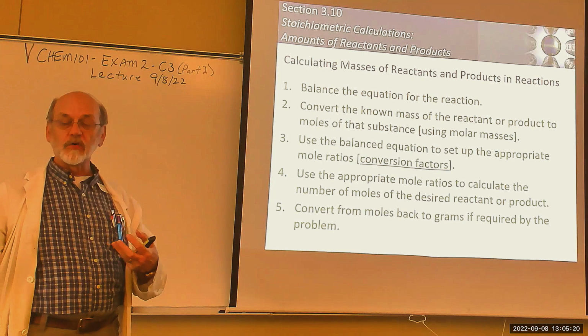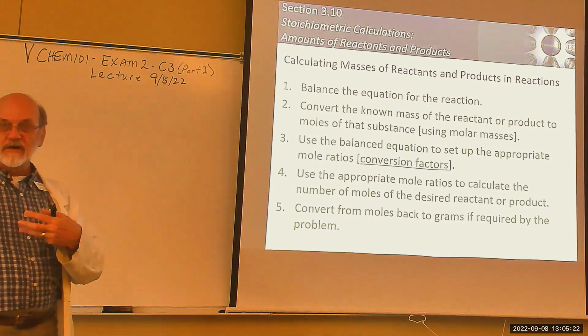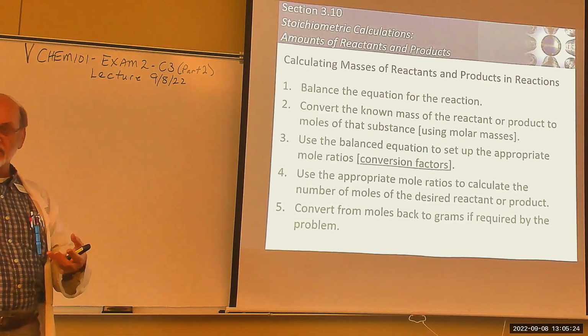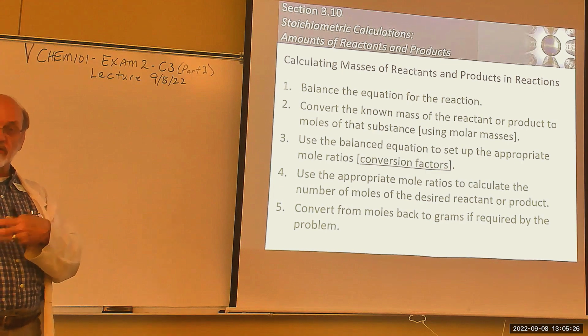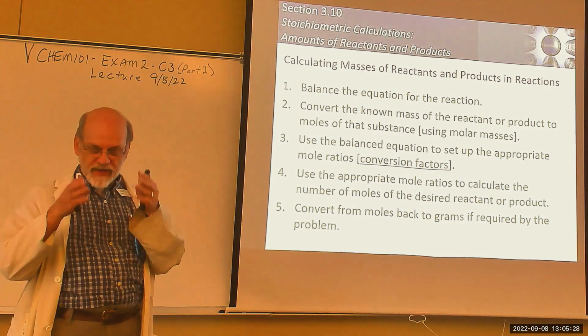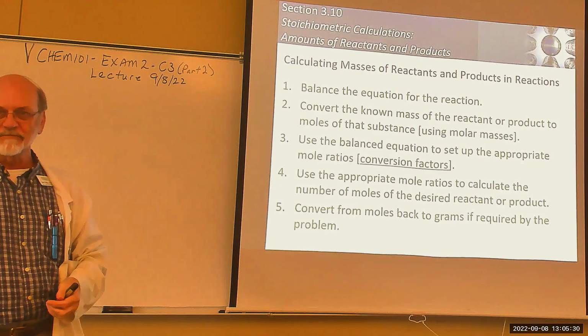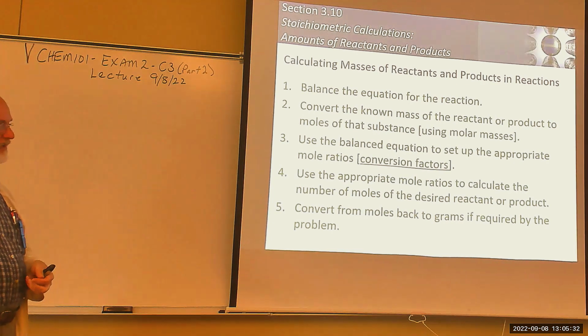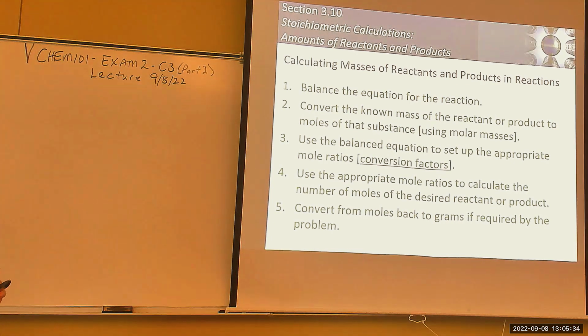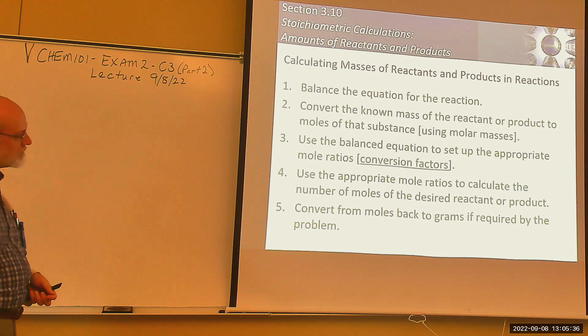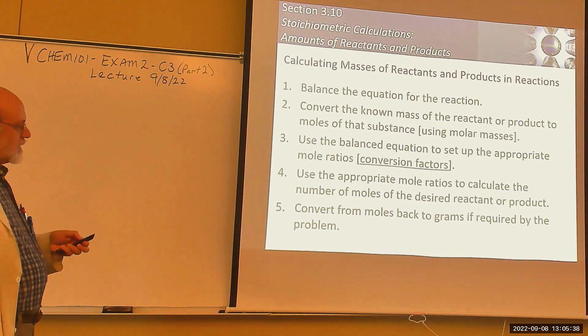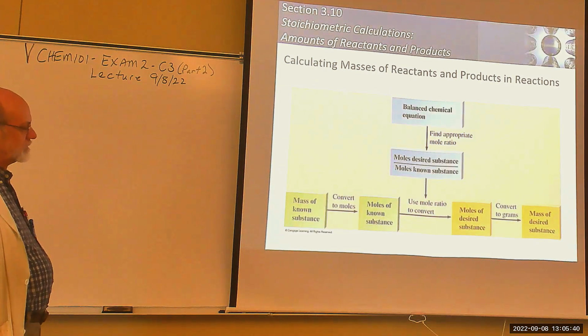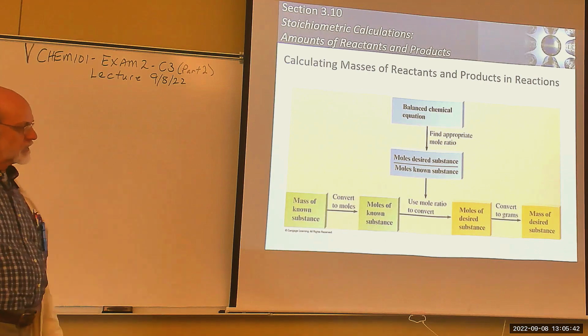Well, once you've got the moles of the compound as the end product or the starting material, then you can reconvert that back into mass for that particular compound. Okay? So it's obviously a multi-step process. All right, the best way is just to, if you like flow diagrams.